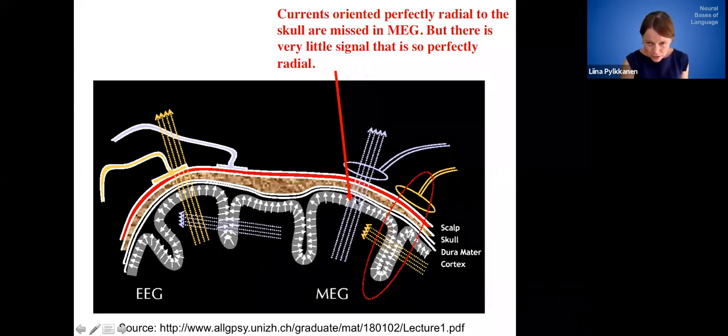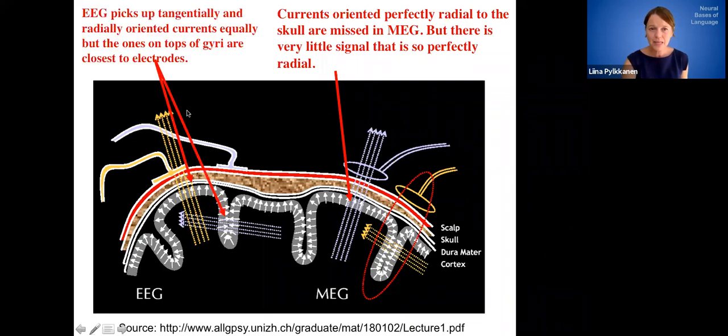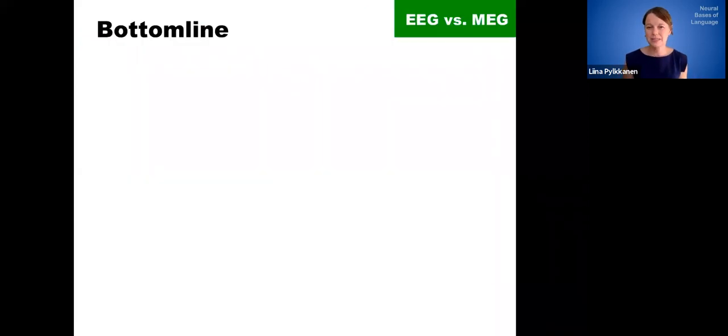And right here at the very top of the gyrus, you would miss these perfectly radial currents with MEG. But EEG is not sensitive to the difference in the orientation. Given that these perfectly radial currents are here at the very top of the gyrus, and your EEG electrode might be sitting right on top of it, this would actually give a really, really nice EEG signal, whereas MEG would miss it. So the signal can be dominated by different currents.